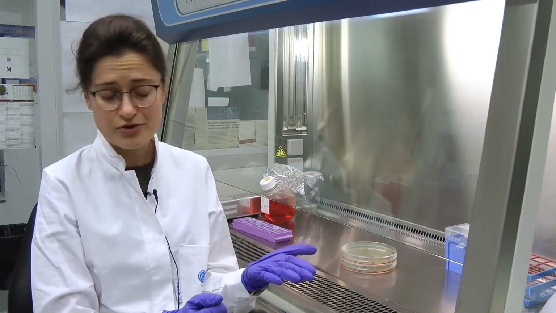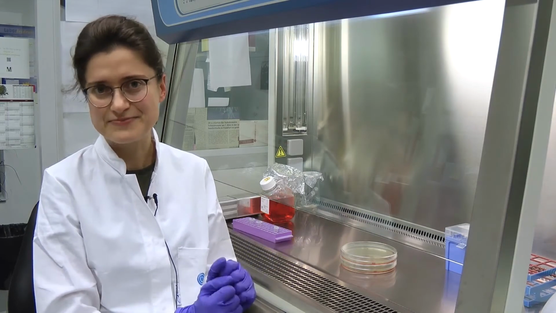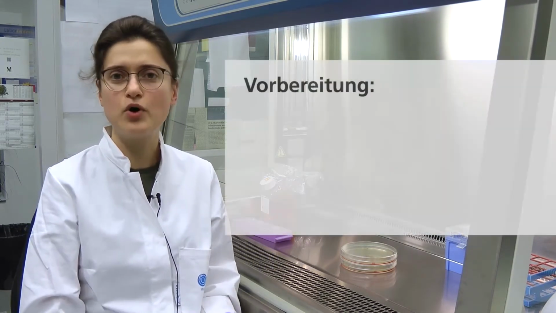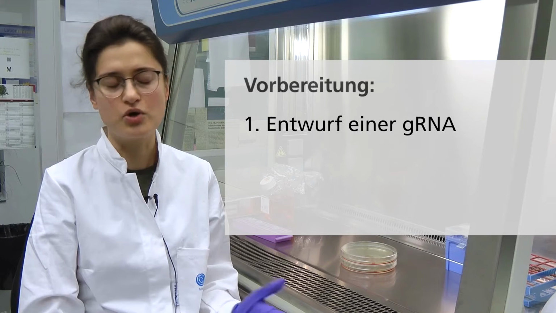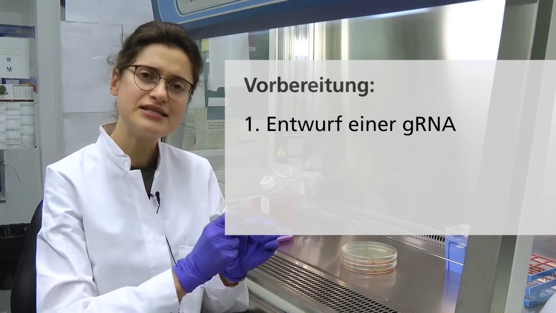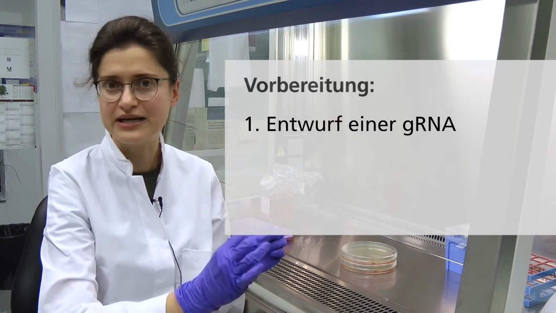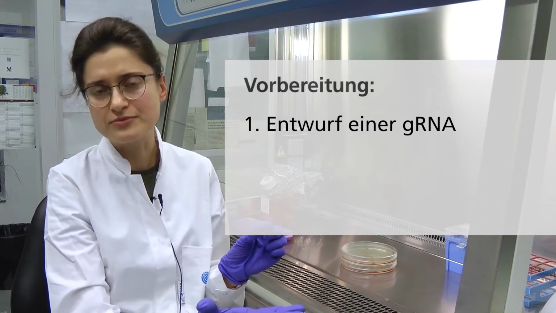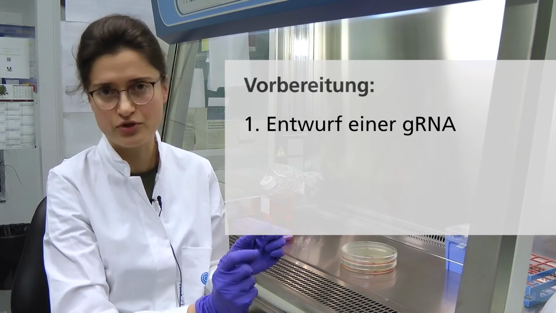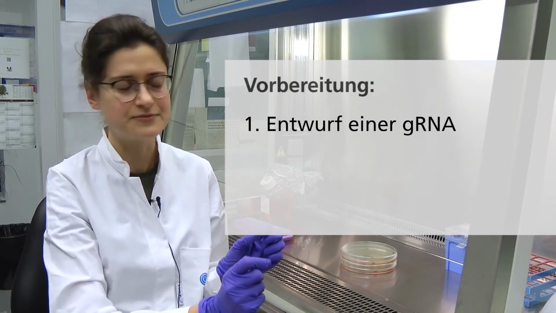And as I explained before, you have to prepare three things. So first you have to compose your gRNA, your guide RNA, and you have to know where exactly in the genome you want to make an insertion and where the Cas9 will be cutting. And there are special programs that help you to do this. All you have to know is where exactly you want to make the cut.